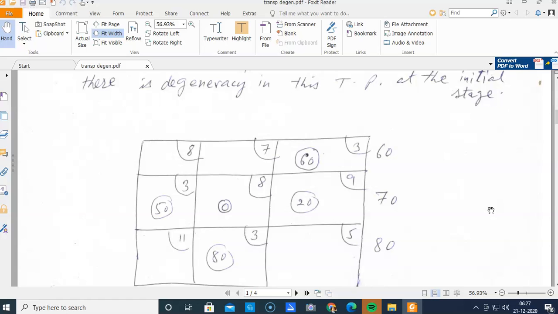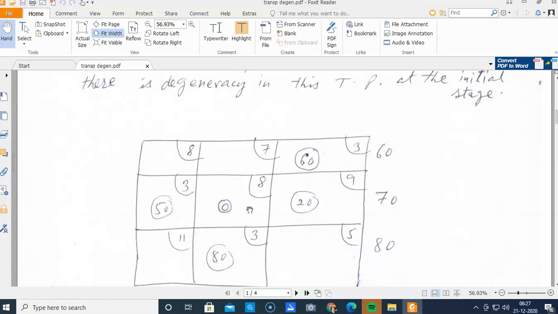So what we do is, whatever number of occupied cells are short, we add that many. We add zeros to those cells, or we add delta or epsilon, where delta tends to 0 or epsilon tends to 0.